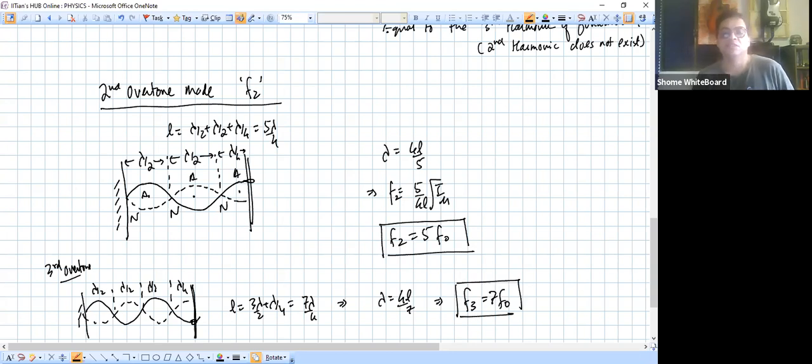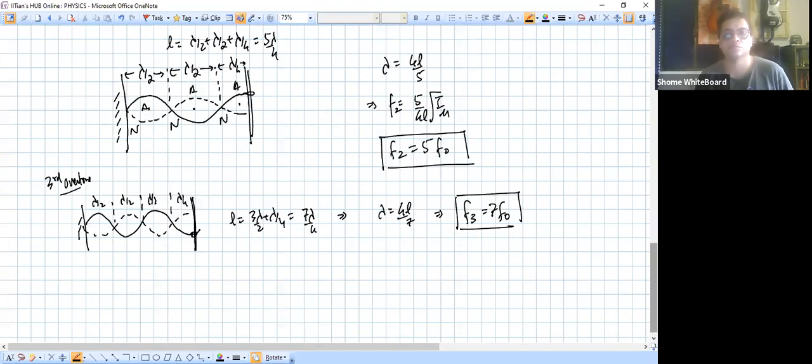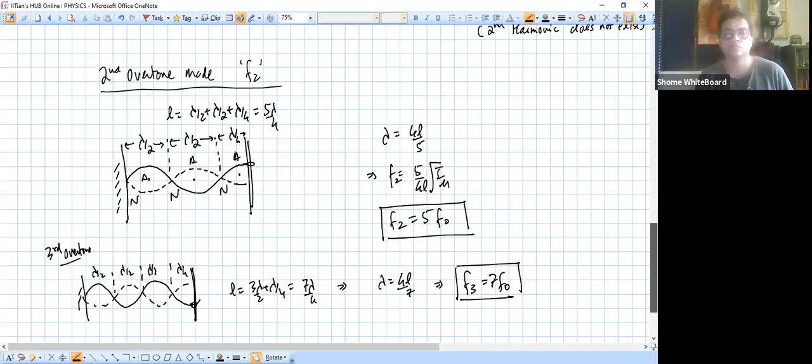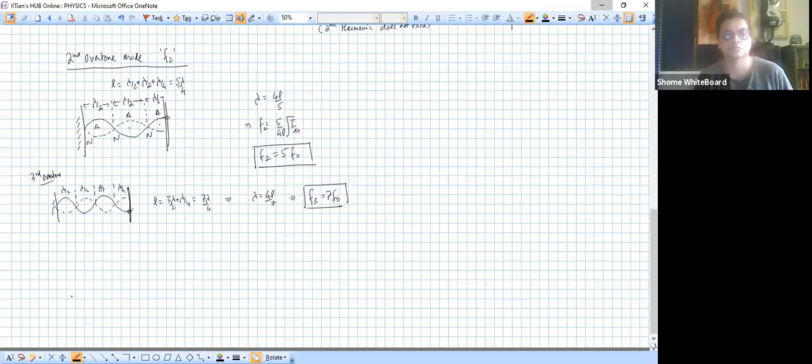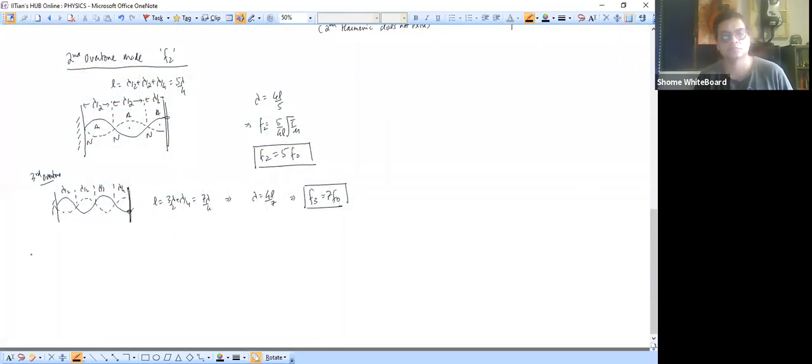So like that, when we generalize for the nth overtone mode, the length of the string will be occupied by n full loops plus one half loop.